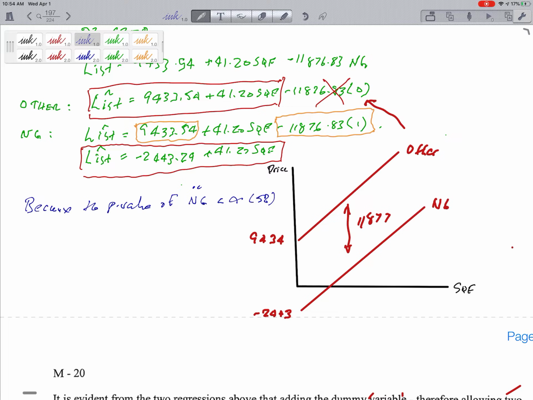So it was 0.01. Then, therefore, there is a significant difference between the two lines.